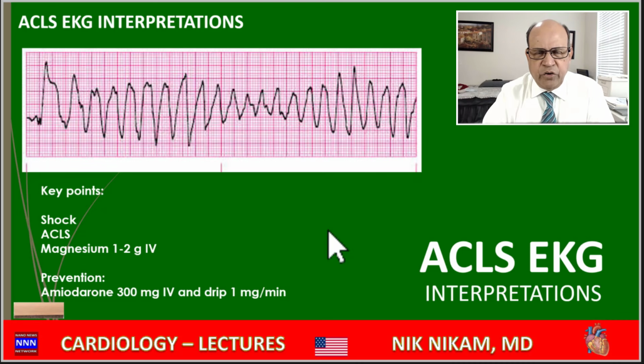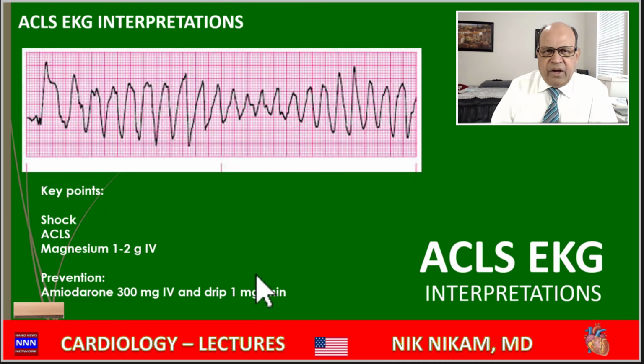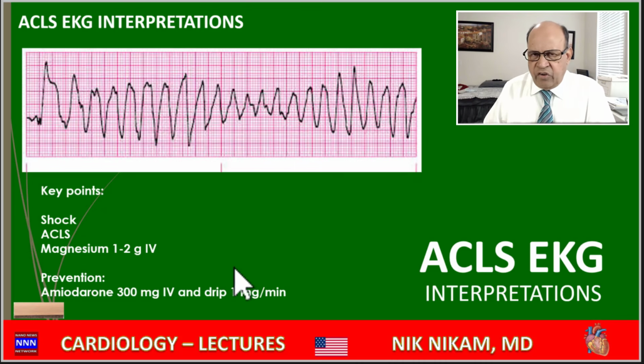Minimum of 1 to 2 grams of IV magnesium, immaterial what the magnesium level is. You give them magnesium, shock, and try to get this patient off the torsade and start this patient on amiodarone IV as a drug to prevent the recurrence of this torsade.